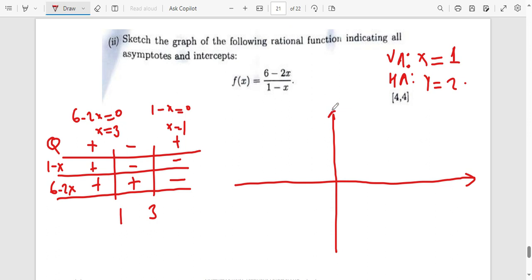The critical values of this graph we have got. Some important points we need to put: x is equal to 1 and x is equal to 3. The asymptote is at x is equal to 1, so I'm going to put dotted lines here.